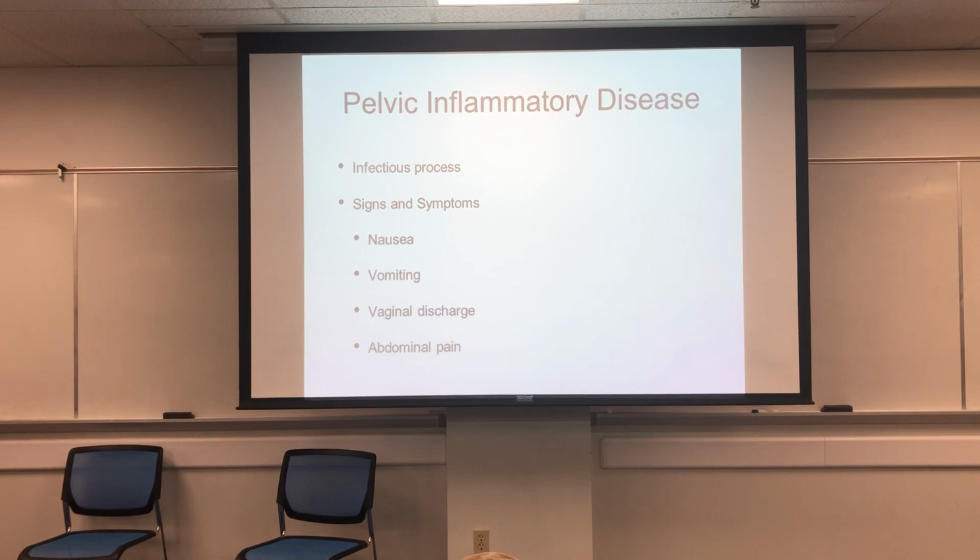Pelvic inflammatory disease. This occurs in women. It's normally sexually transmitted. Lower quadrant pain, vaginal discharge, many times fever. The nausea and vomiting, you could kind of extrapolate.